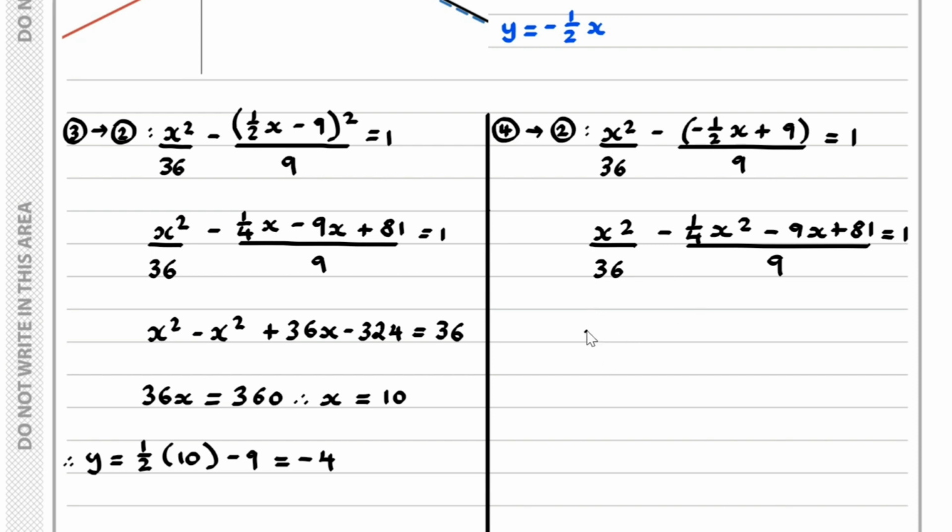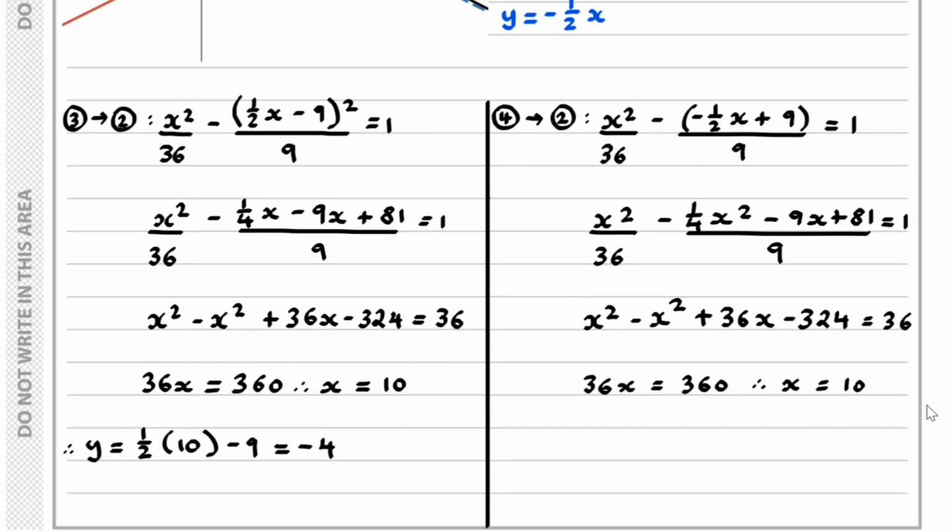Multiplying through by 36, we end up with x squared minus x squared plus 36x minus 324. This is equal to 36. 36x is equal to 360.